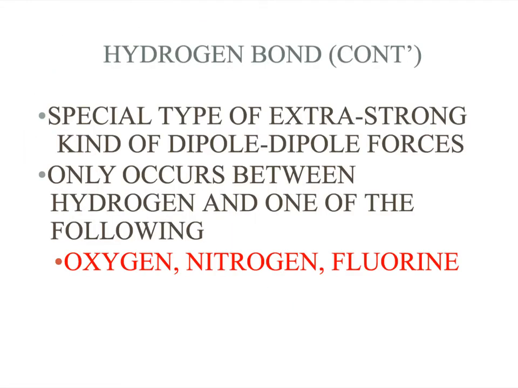There's a special type of extra strong dipole-dipole force known as hydrogen bond. This only occurs between hydrogen and one of the following: oxygen, nitrogen, and fluorine. So even though you may see hydrogen bonding with other elements, that is not a hydrogen bond.